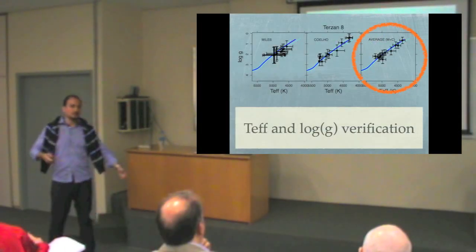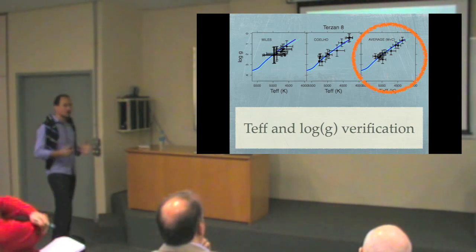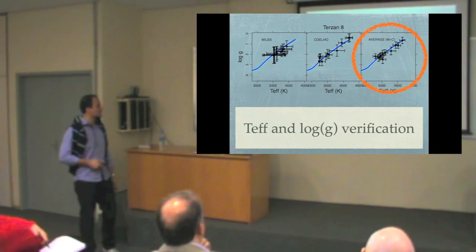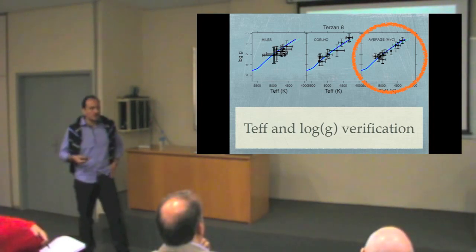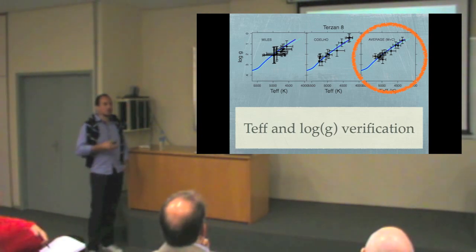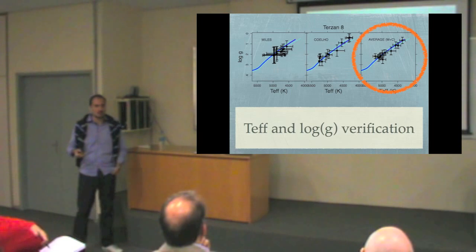After applying that, we have to check the results to see if they are intrinsically consistent. More than that, we are also comparing the libraries. As I told you, MILES is the observed library, and Coelho is the synthetic one.